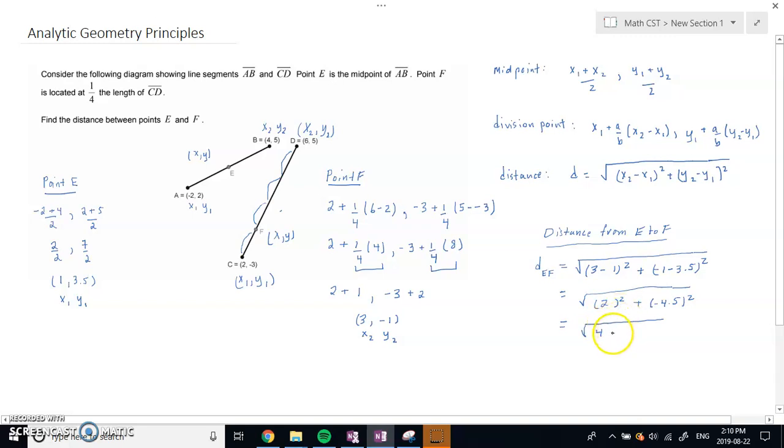So 2 squared is 4, and negative 4.5 squared is 20.25. Now we can add these two values together, and we get 24.25. But remember, that's still under the root sign. The square root of this answer is not a perfect integer, but it's a decimal of approximately 4.92 units. And that's the length of the line segment from E to F.